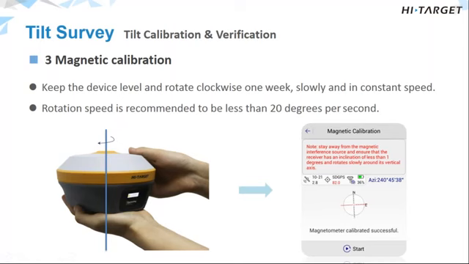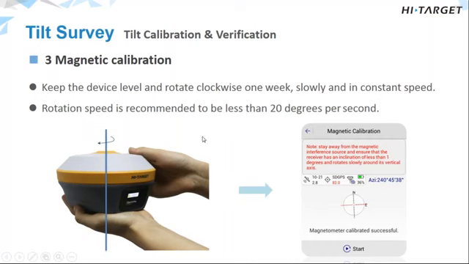So you can see this picture. This picture is about how to do the magnetic calibration. Firstly, you need to keep the device level and then rotate clockwise one week, slowly and at a constant speed.